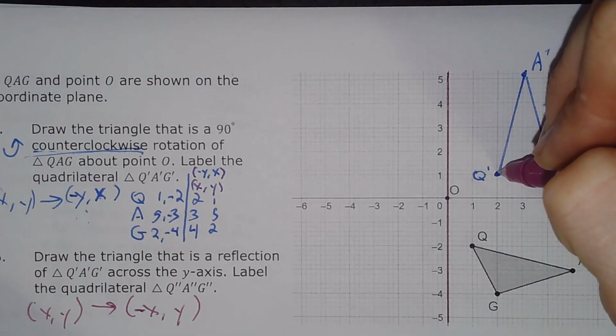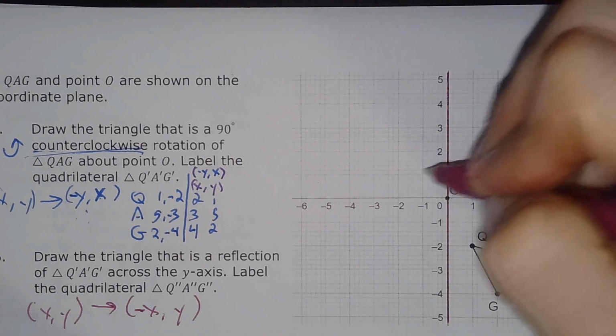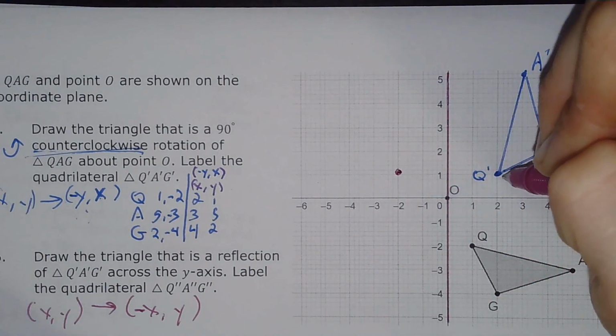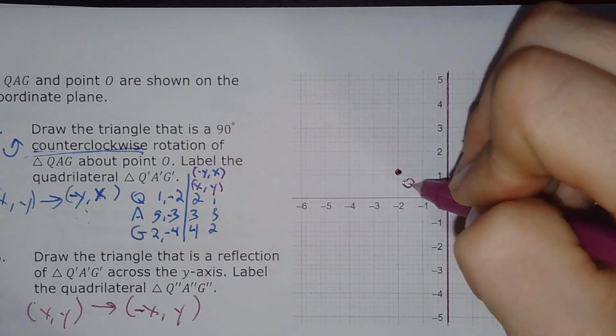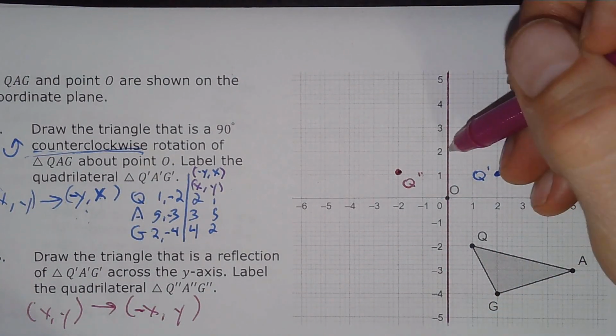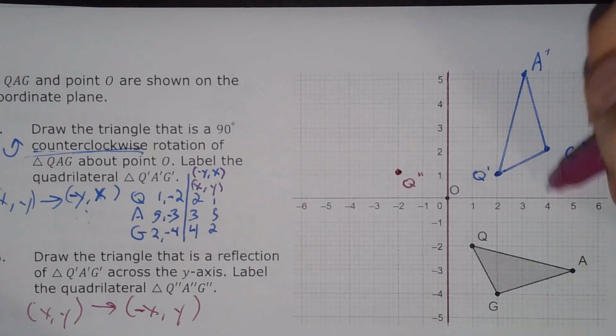So Q is going to ride the y value to its opposite side. It started at 2, it's going to go to negative 2. That's Q double prime. G is going to stay at 2, that's the y value, but it's going to shoot over from 4 to negative 4.